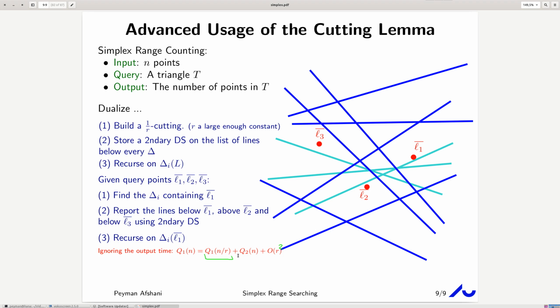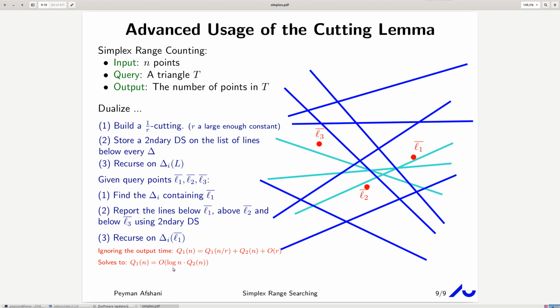Then I have one call to a secondary data structure, which is Q2. And this Q2 could potentially have n lines in it, because all the lines could potentially pass below my triangle. So it depends on what Q2 is. But if Q2 is logarithmic or polylogarithmic, then the query time is going to be polylogarithmic as well.